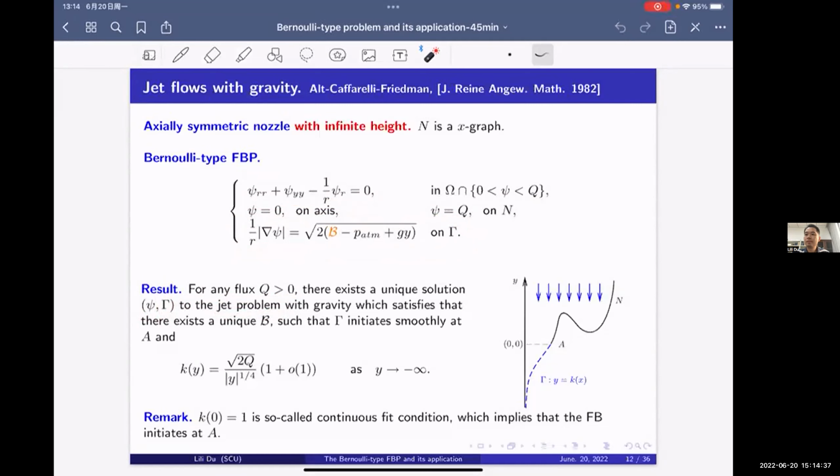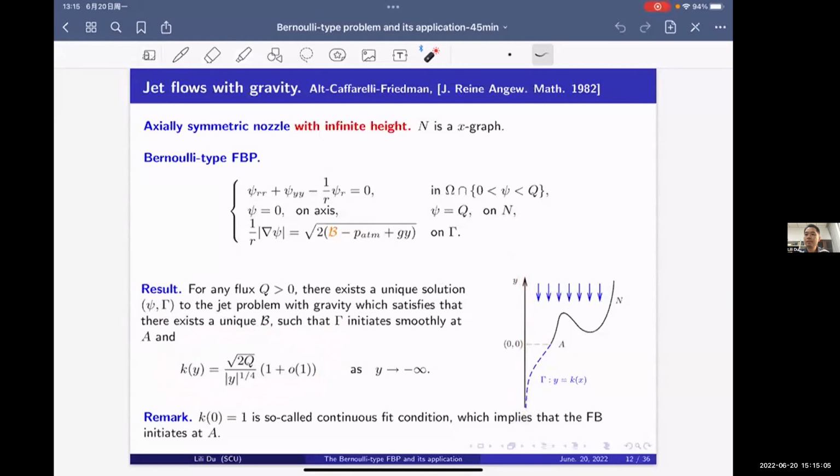Moreover, there is a unique Bernoulli constant B such that the free boundary gamma initiates at the endpoint of the nozzle A. Furthermore, they also give the convergence rate of the free boundary approaching the axis.